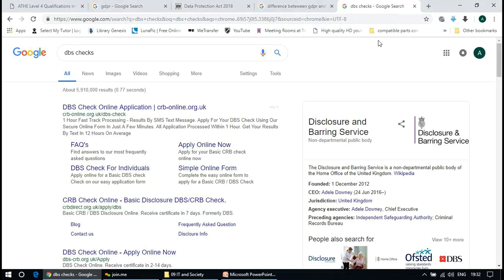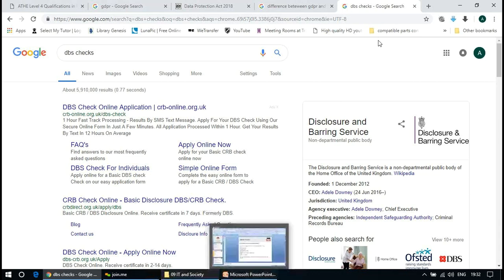But it exists for when you want to work with the public, like in hospitals, schools, and where there can be any vulnerability, with old people or young people. So a DBS check is done.